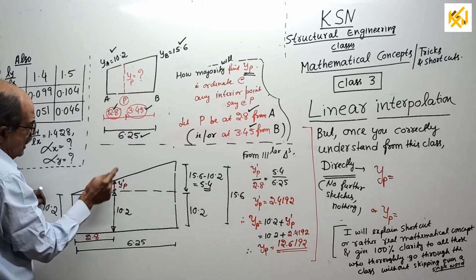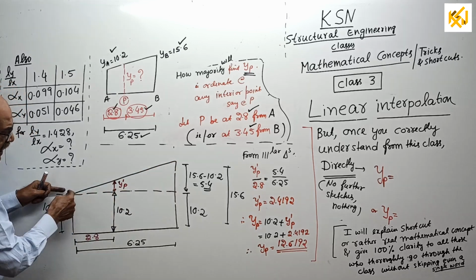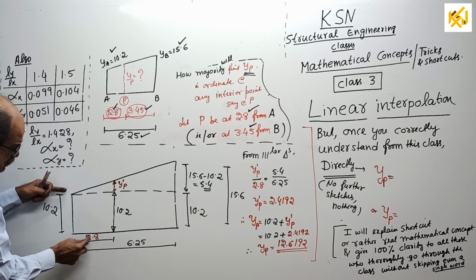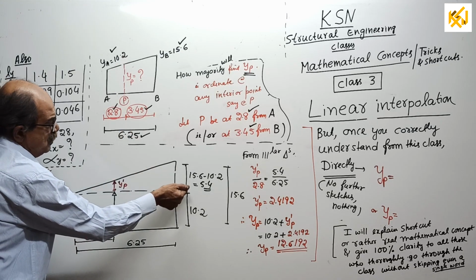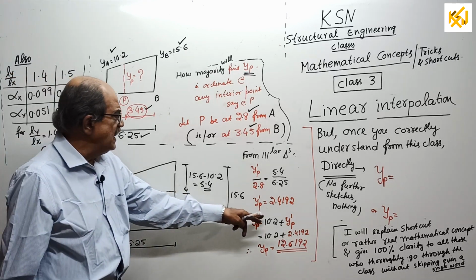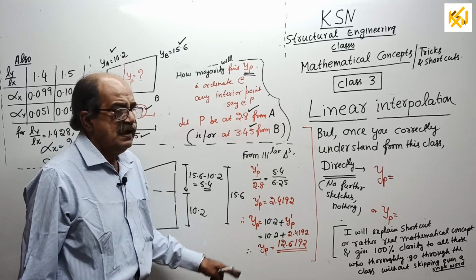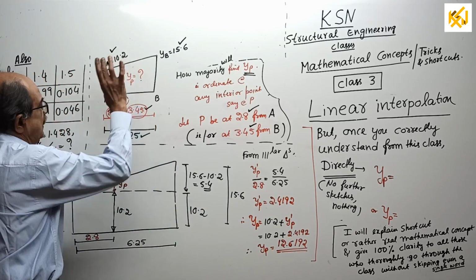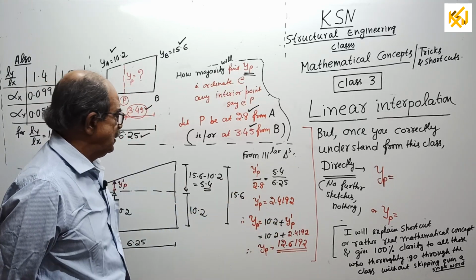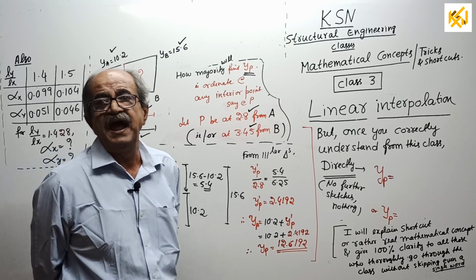It is not YP; I will call it Y dash P. Now consider this triangle: Y dash P divided by 2.8 equals 5.4 divided by 6.25. So Y dash P will come 2.4192. Therefore, YP, the real ordinate here, equals 10.2 plus Y dash P, they will get 12.6192, and then they will tell, sir, got it, as if they had done a great achievement.